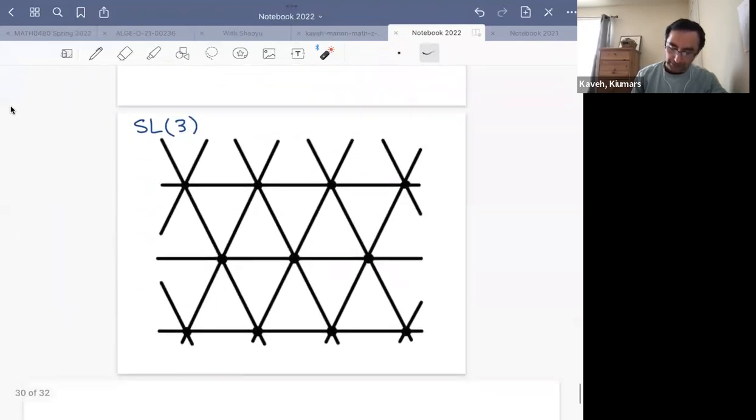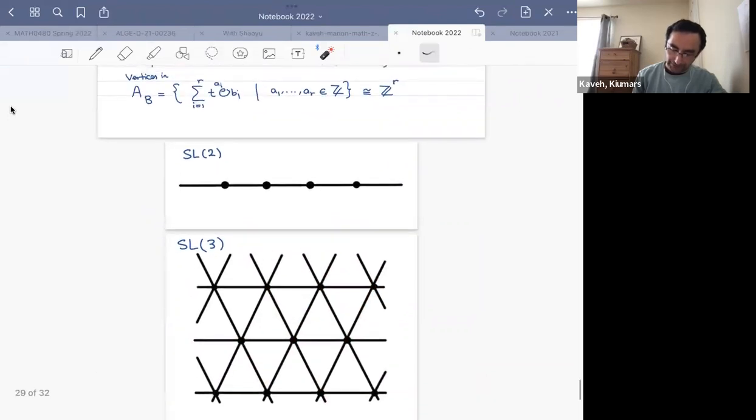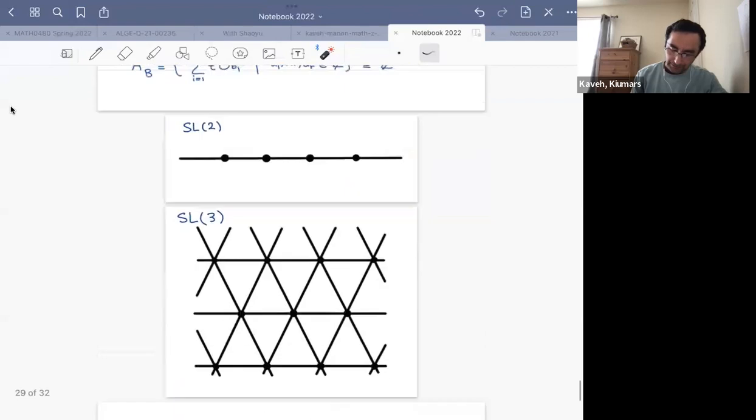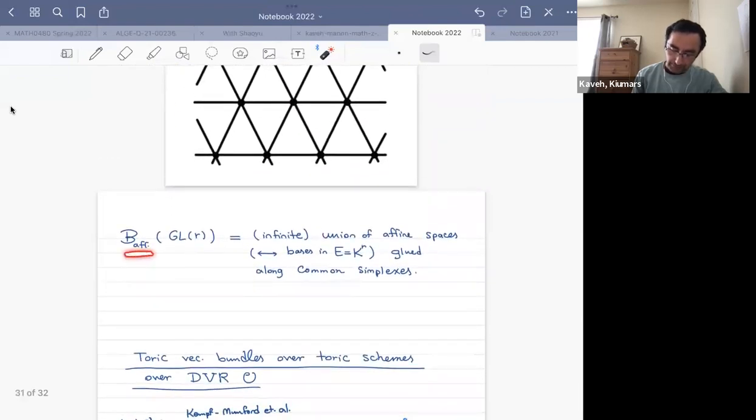And then the pictures are, instead of the usual picture of 6 cones, you have that, but also translations. So you have a triangulation of affine space, like 2-dimensional affine space. For SL2, you have this picture, and so on. And then the affine building becomes the infinite union of Euclidean spaces or affine spaces.